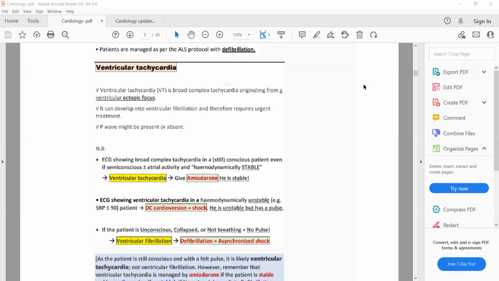Remember the rule that any arrhythmia in a clinically or hemodynamically unstable patient is managed by cardioversion. So ventricular tachycardia plus hemodynamically stable patient, amiodarone; ventricular tachycardia plus hemodynamically unstable patient, DC cardioversion.